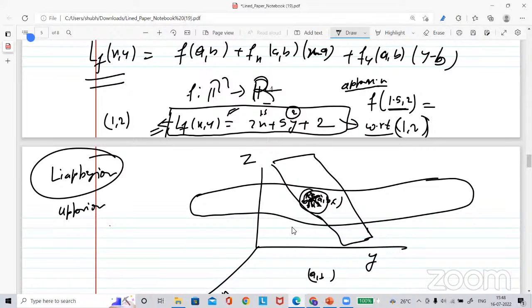Since you already have the linear approximation of your function, you are able to get some values around this point. That's the meaning: you are approximating your function linearly.